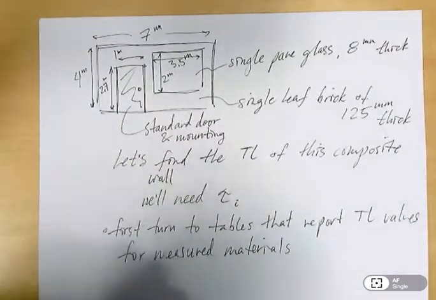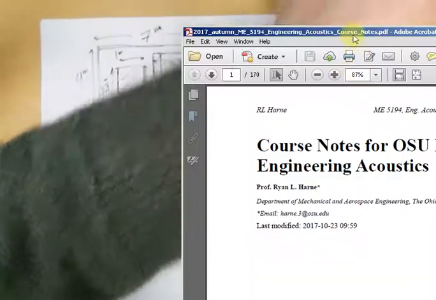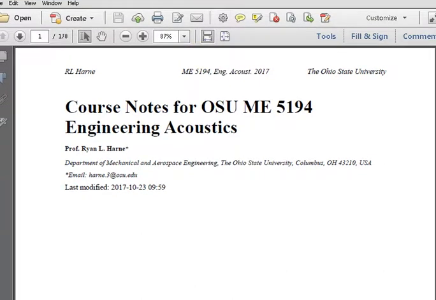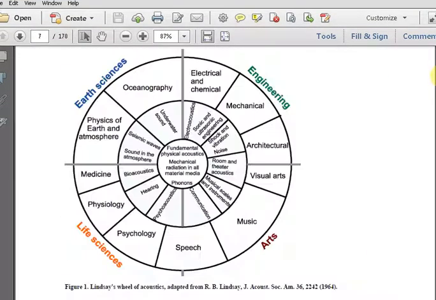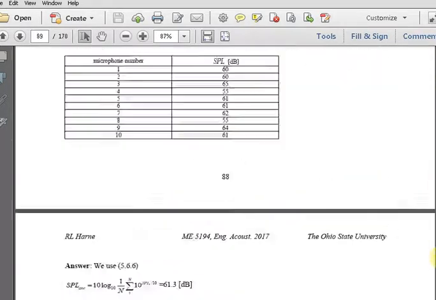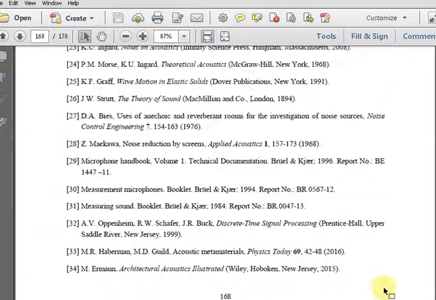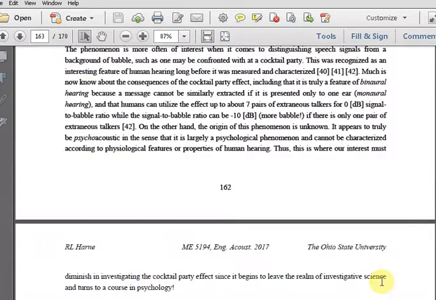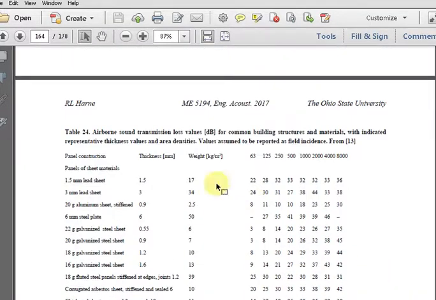So if I turn over here to course notes and go to the back of this document, I'm not sure if that's shown in the table of contents, but this final table, which shows up after all the notes properly speaking, gives, as cited here, airborne sound transmission loss values for common building structures and materials.